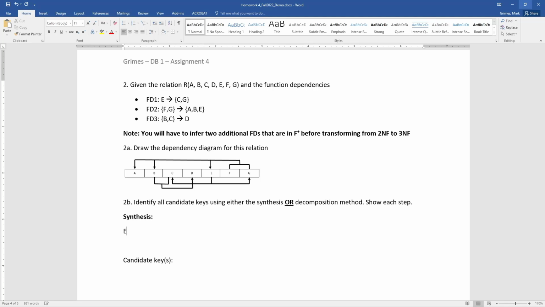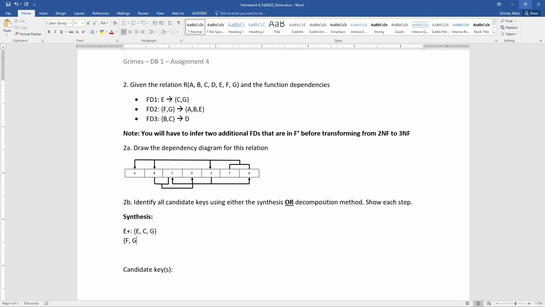So let's find the closure of E. So the closure of E is going to be E, C, G. And if we know E, C, and G, is there anything else we can figure out? Well, I don't think so, right? Because we don't know F, so we can't do anything with this, and we don't know B, so we can't do anything with this. So I think the closure of E is just ECG.